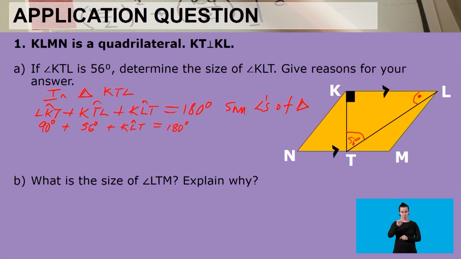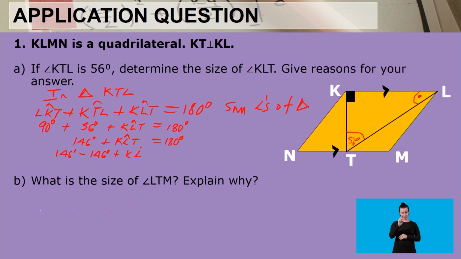90 plus 56 is 146 degrees, plus KLT equals 180 degrees. The additive inverse of 146 degrees is negative 146 degrees, so we add it in there.